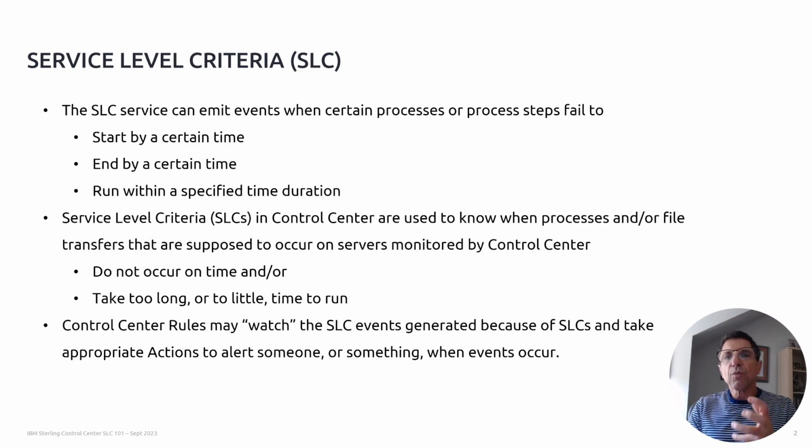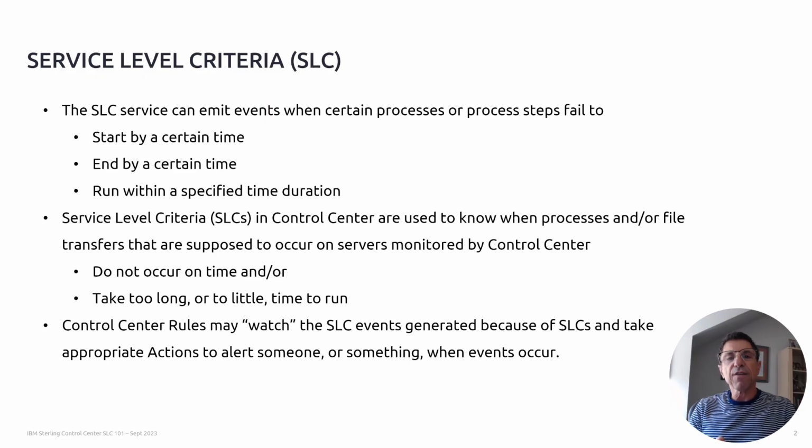So what you do is you define service level criteria in SLC for everything that's supposed to happen, process-wise or transfer-wise. And these SLC criteria will include whatever you want: the process name, the step name, maybe the destination file name, maybe the mailbox name, you name it, and you associate a calendar with these things.